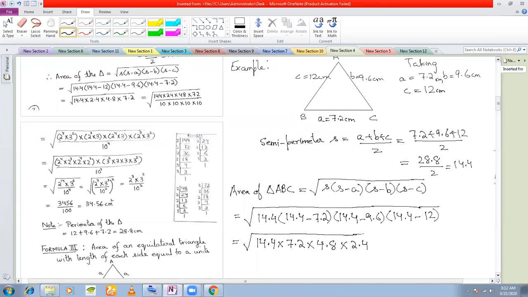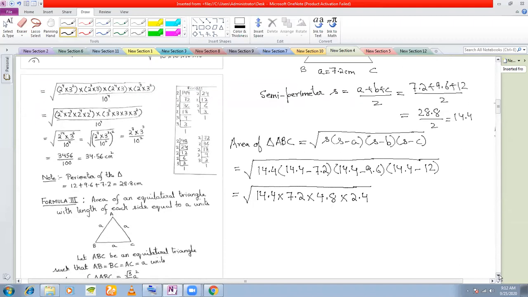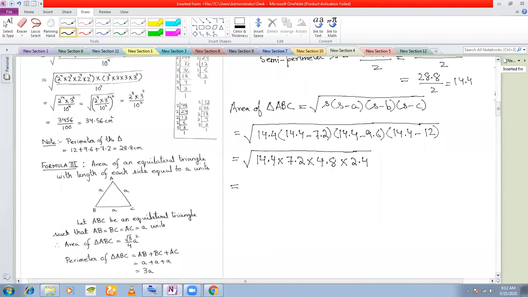Once we have simplified, we are going to change all the decimals to fractions. 14.4 can be written as 144 by 10. 7.2 can be written as 72 by 10. 4.8 can be written as 48 by 10, and 2.4 can be written as 24 by 10.